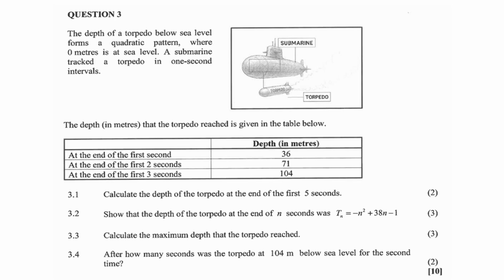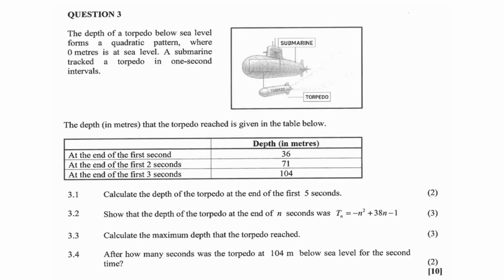At the end of the first second, 36 meters. At the end of the first 2 seconds, 71 meters. At the end of the first 3 seconds, 104 meters. 3.1. You must calculate the depth of the torpedo at the end of the first 5 seconds. 3.2.